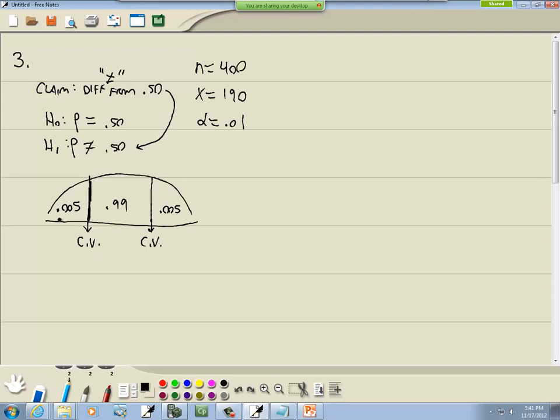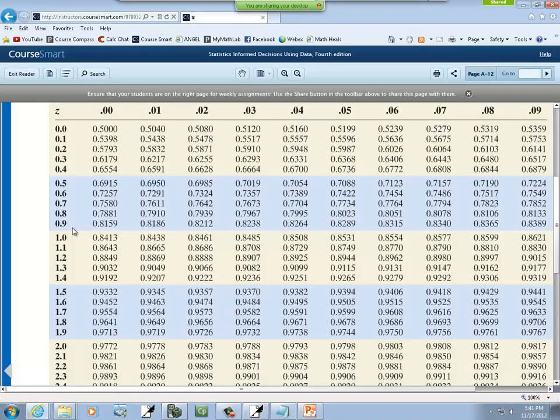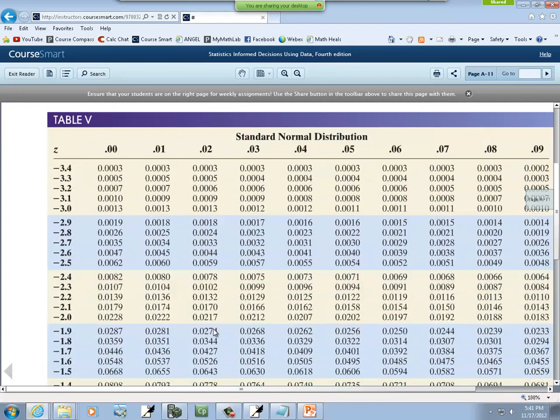I look at the area to the left, which is 0.005. Here is 0.0051. Here is 0.0049. So it's halfway in between these two. So I come over here, that's negative 2.5.